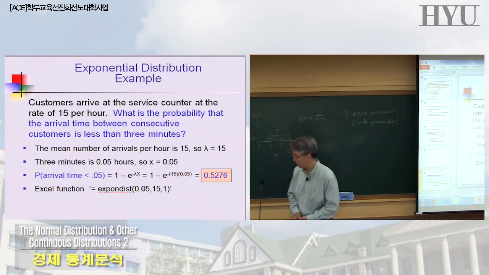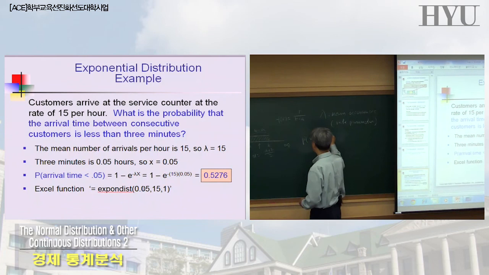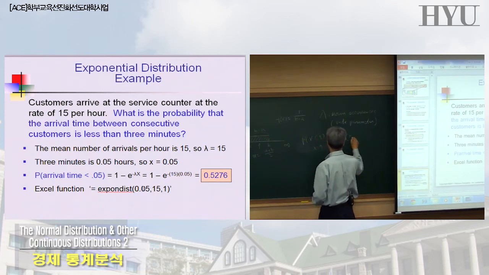So if you're looking for the probability, x will be something like this, and lambda is 7, right? Then you would use EXPON with 5, 7, 0.